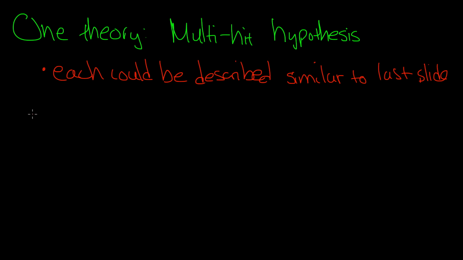And with the multi-hit hypothesis, there are classically 6 hits, and each of these hits is a different mutation in a particular cell's genome.